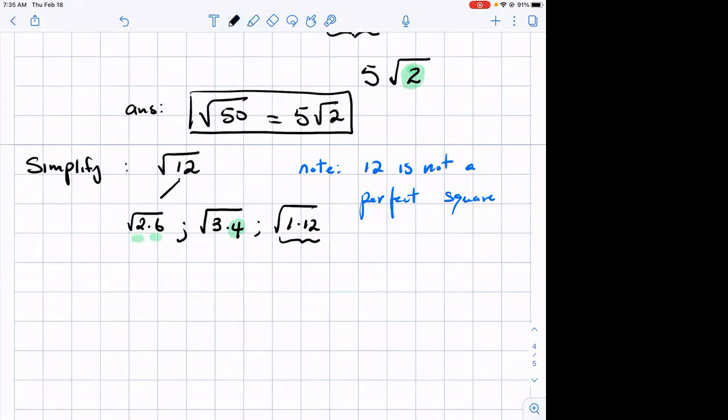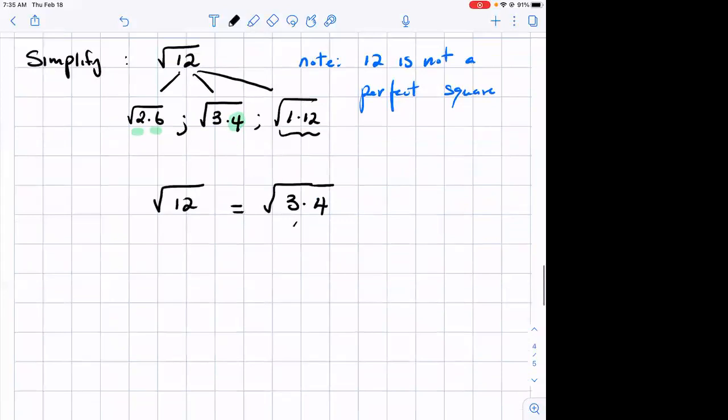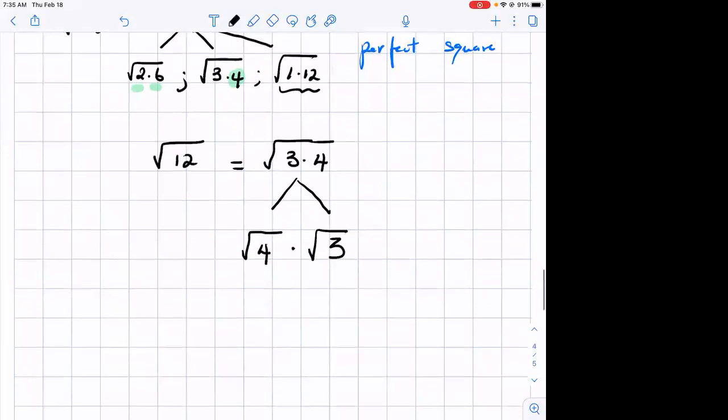So what we'll do, okay, the square root of 12 is the same as the square root of 3 times 4. And we know we can rewrite this, and I always like to write the one perfect square first, square root of 4 times square root of 3, okay? And this is just my style. I always tend to write the root that is the perfect square first, okay?